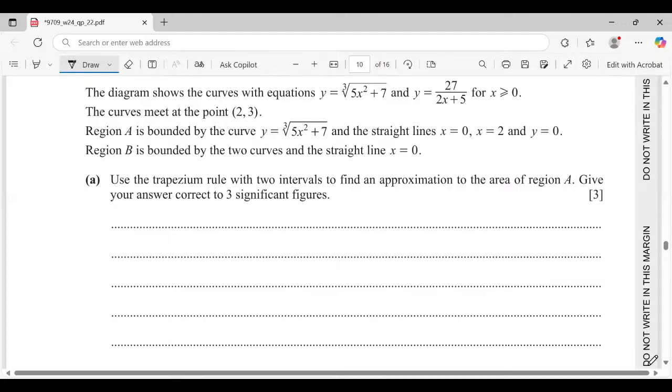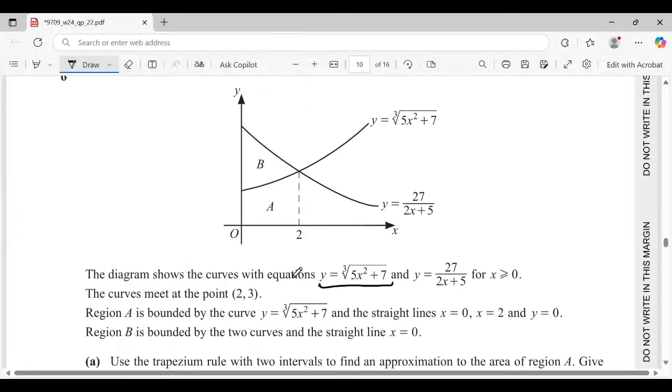All right. We are approximating the area under the curve y equals cube root of (5x squared plus 7) from x equals 0 to x equals 2. If you look at this diagram, x equals 0 here and x equals 2 here.